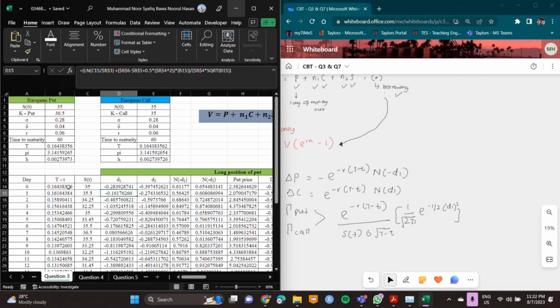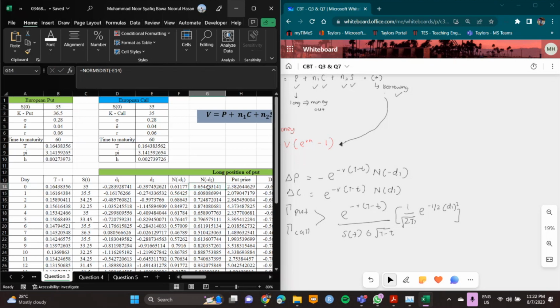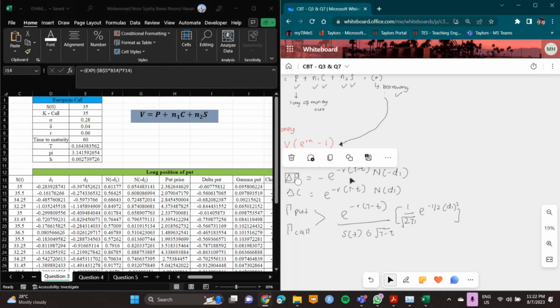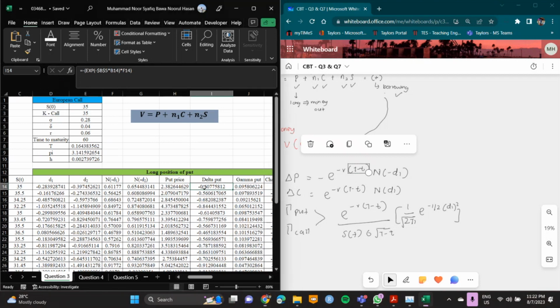So your D1 value, your D2 value, and your N negative D1, you use the NORM.S.DIST function. Same goes for N negative D2, and we will get the put price. Once we get the put price, of course, we can find the delta put by using this formula here that I wrote down. So we can find the delta put and also the gamma put.